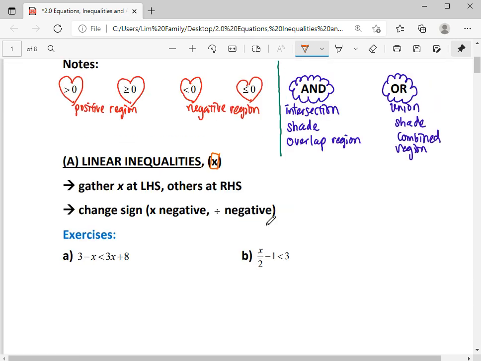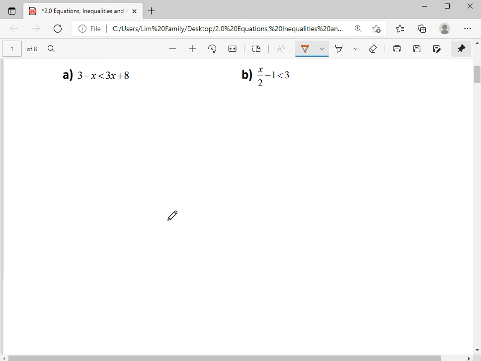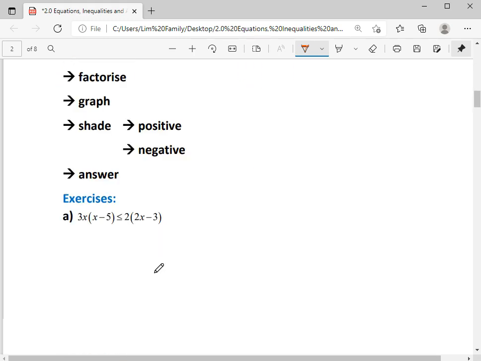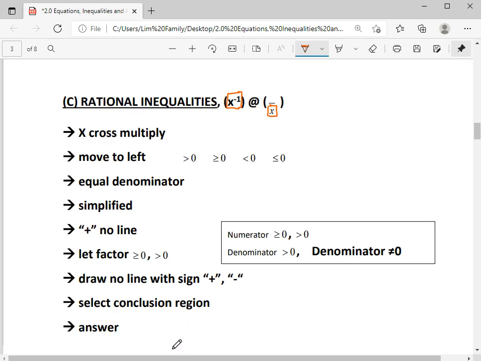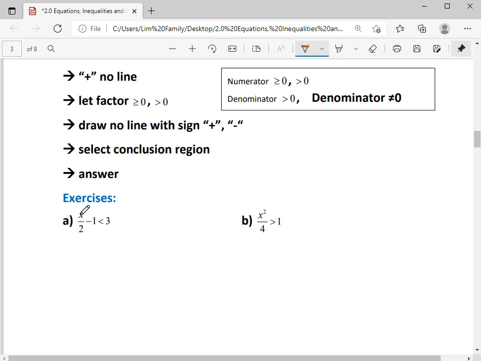So each type of inequality has a different solving method. Linear has its own way, quadratic has its own way, and also rational. Rational means you can see your x at the denominator, x to the power of -1. You can see the examples here. This is not rational because this is linear, x to the power 1. This x to the power 2 is quadratic.